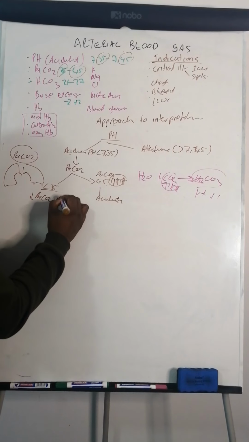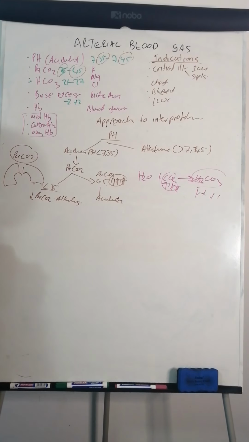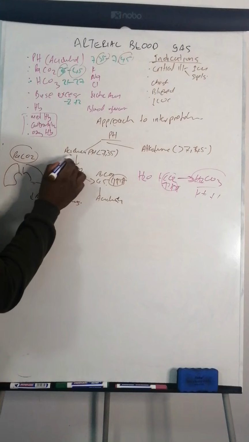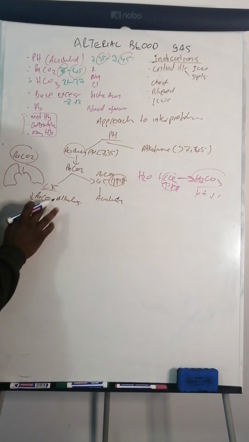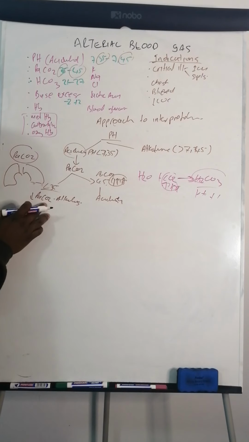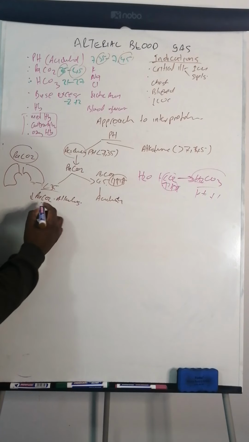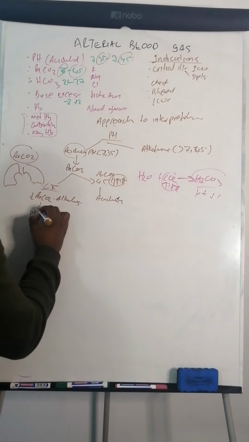This should give you alkalosis instead. But our pH is not alkalotic, it's acidotic. So this acidosis is not caused by a decreased CO2, because we know that a decreased CO2 gives us alkalosis. So it means this acidosis that we have is metabolic.